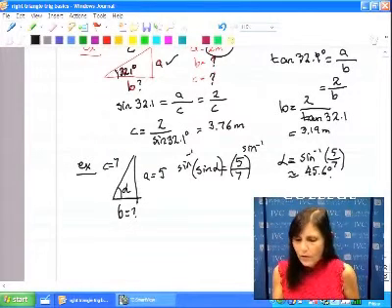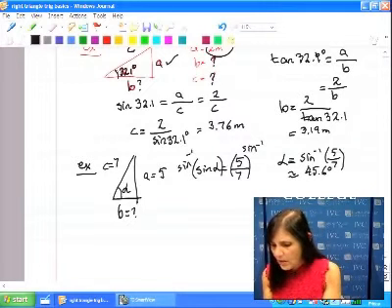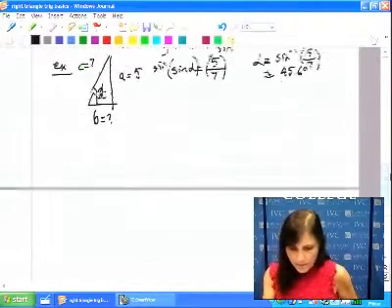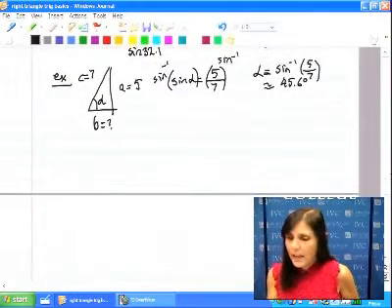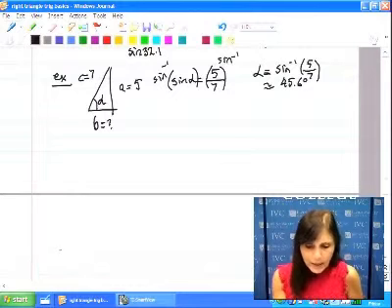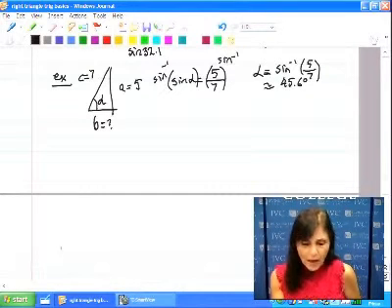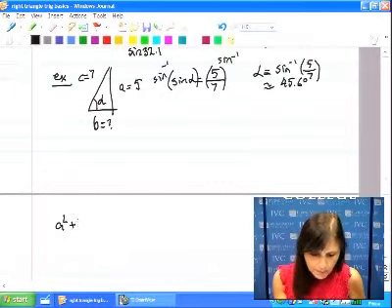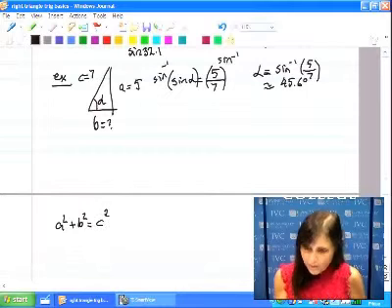All right. Now you can go and you can get the others. Let's go to a new page. I can get the others. Something like I can probably get B using the Pythagorean Theorem. You don't have to. A squared plus B squared equals C squared.